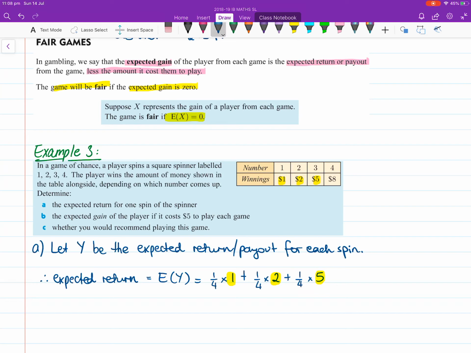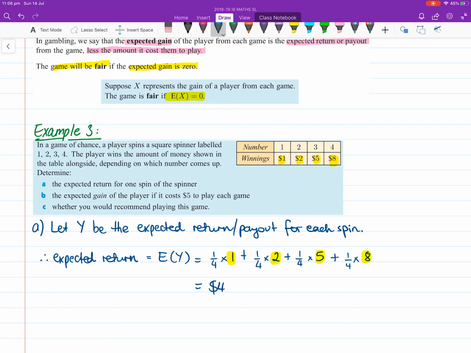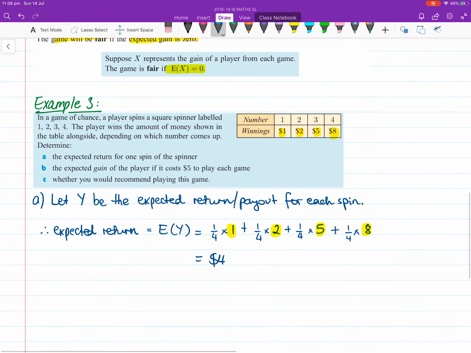You could get a 4, but you win $8. But that's still a quarter of the time. And you can see this is an expectation. This is what we expect in theory. And if you do this in the calculator, you actually get $4. So the expected return in playing this game is getting $4.